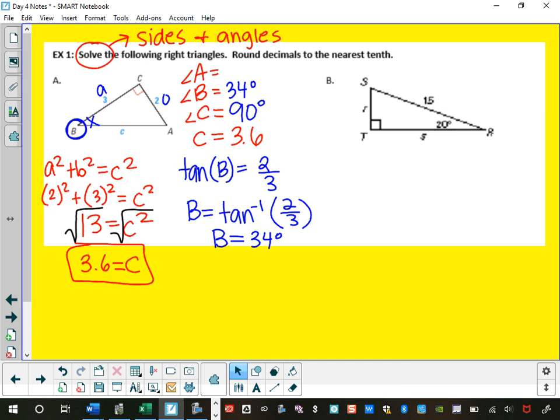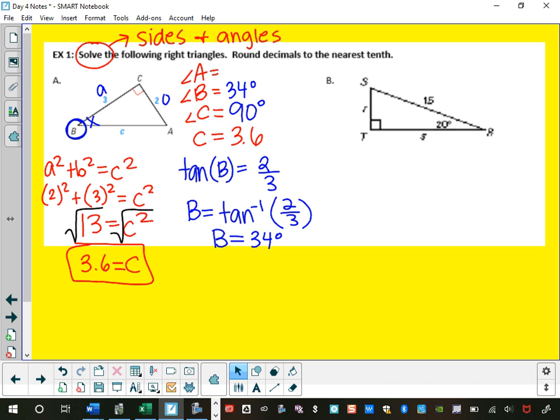We technically could do trig again to find angle A, but that's kind of overworking. We know that we need how many degrees in one triangle? 180. So 180 minus 90 minus 34.